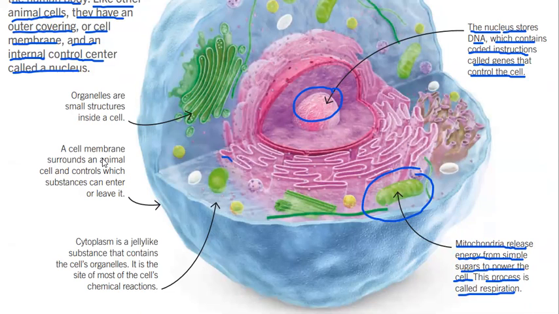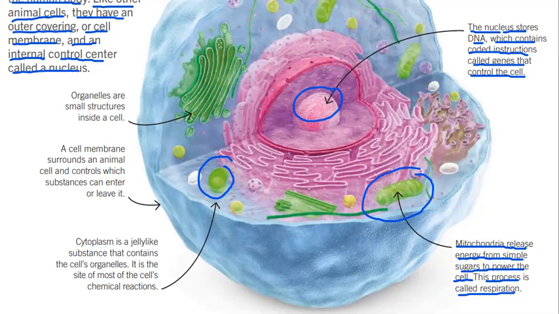Another location is the cytoplasm, a jelly-like substance that contains the cell's organelles. It is the site of most of the cell's chemical reactions.